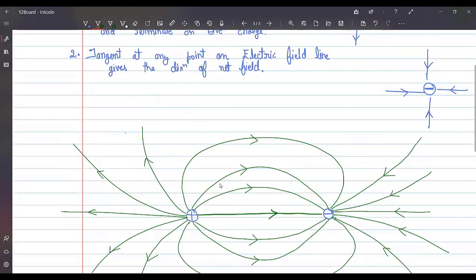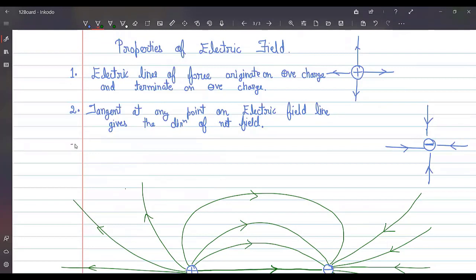It cannot have two directions. So the third property is that two lines of force cannot intersect, because if they intersect, the net field will be in two directions, which is not possible.